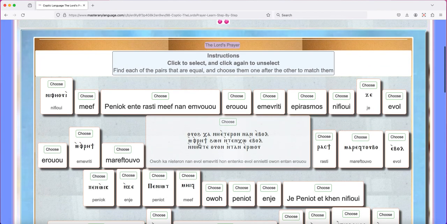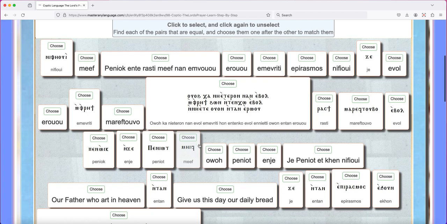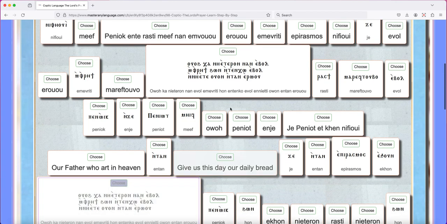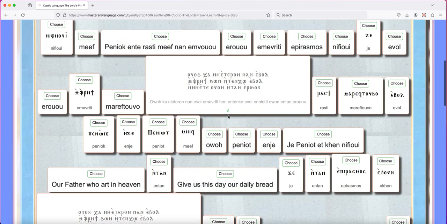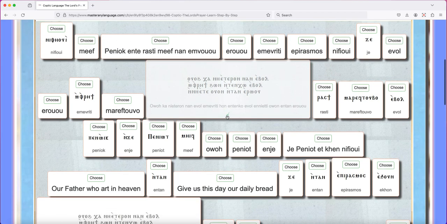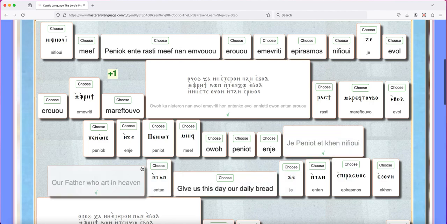Alright, let me match this here. This is easy because that, like, boom, boom, that matches. And then I'm going to close it out. Our Father who art in heaven, Jepin Yoititre Nifiowi.